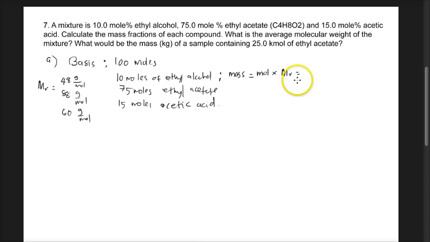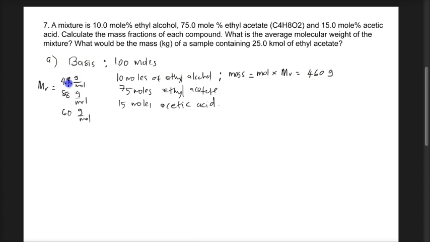So for ethanol, it is 10 moles times 48. So we will get 460 grams of ethanol. Oh, sorry. Oops.